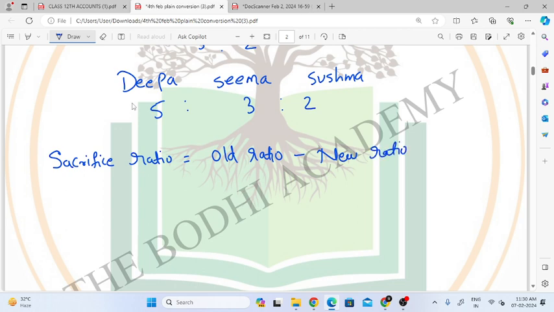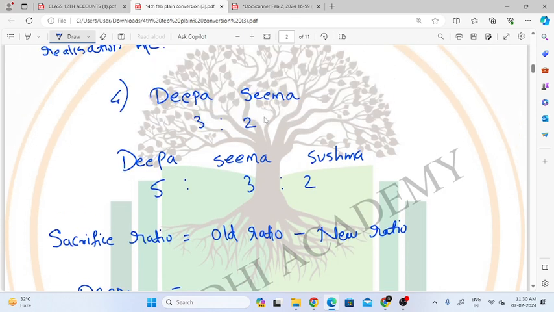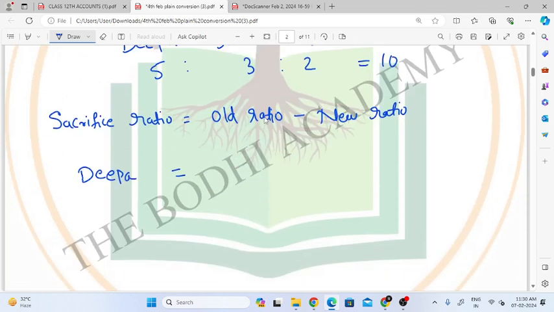So what is the old ratio now? We have to find it for Deepa and Seema. Deepa's old ratio is 3:2, which totals 5, and the new is out of 10. So old ratio of Deepa is 3 divided by 5 minus new ratio of Deepa, 5 divided by 10.